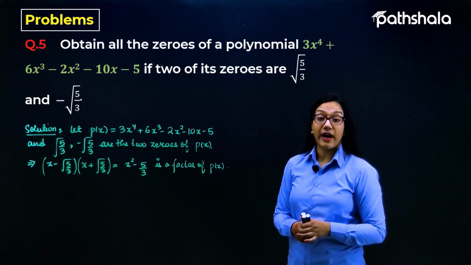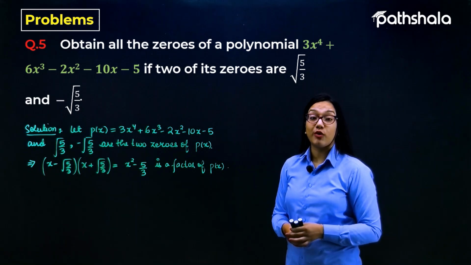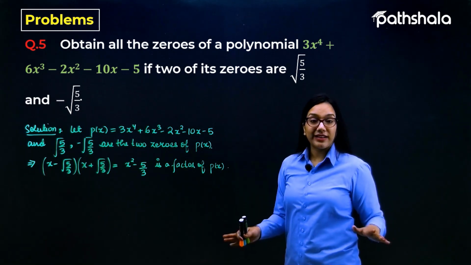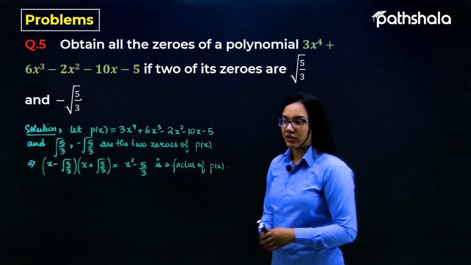What is the meaning of being a factor? It means it can divide the polynomial p of x completely such that the remainder is equal to 0.